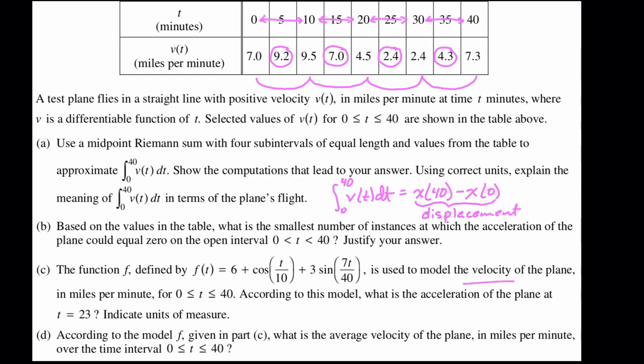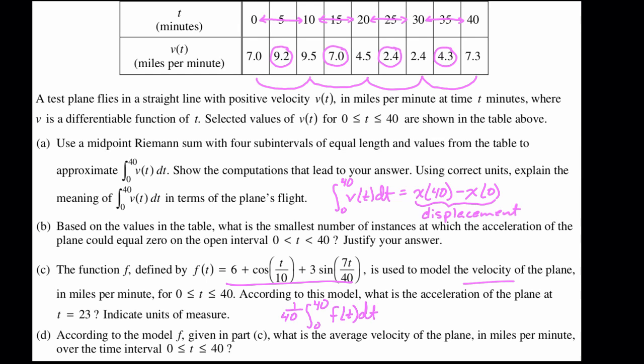So on part D, it says, according to the model given here, what is the average velocity of the plane in miles per minute over this time interval? So average velocity. Average means it's going to be the integral from 0 to 40, and then in front of your integral you put 1 over 40 minus 0, or just 1 over 40, of our function, which is going to be f of t dt, where this is your function f of t.